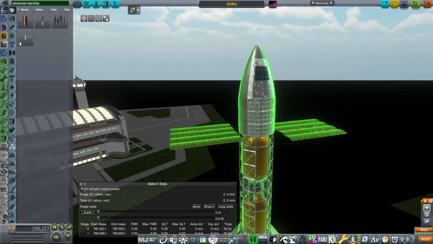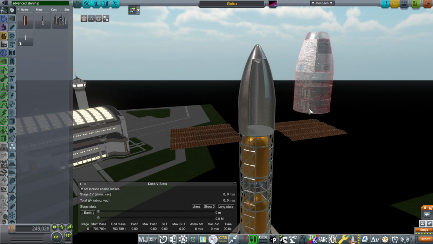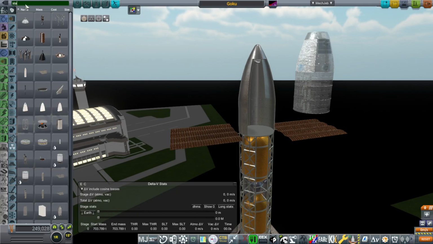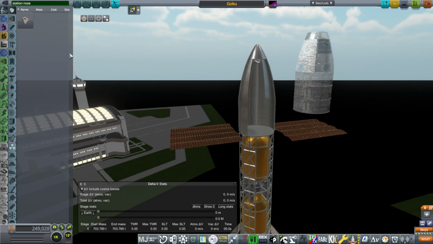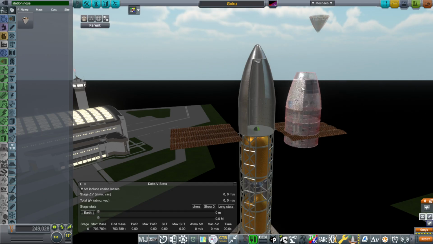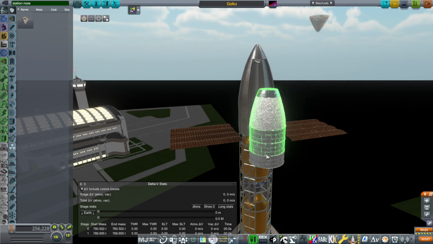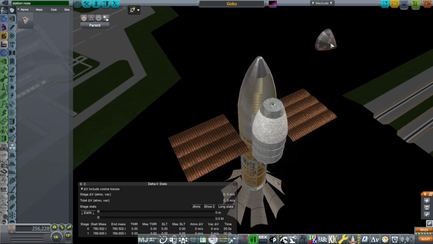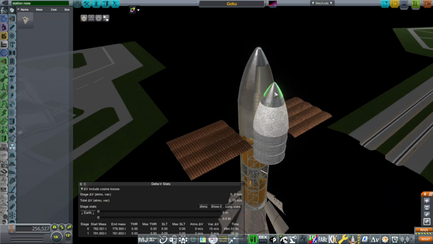By the way, if I didn't want to launch this inside here, there's also a station nose option. The station nose is meant to attach to there. And put this off to the side. Yeah, the station nose can cover this, so that it can launch on its own.